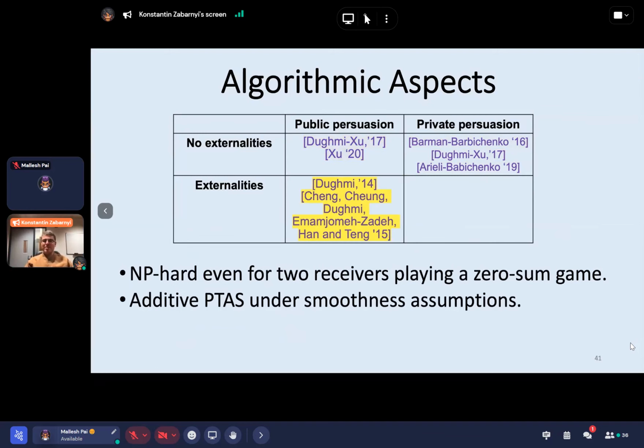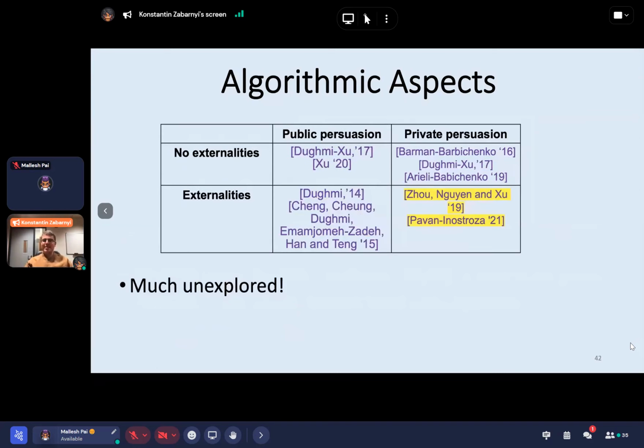For public persuasion with externalities, it's NP-hard even for two receivers with a zero-sum game, but under some smoothness assumptions, there is an additive PTAS for the optimal expected sender's utility. And the private persuasion with externalities remains much unexplored, though there are some papers studying special cases, such as congestion games and applications to stress testing.